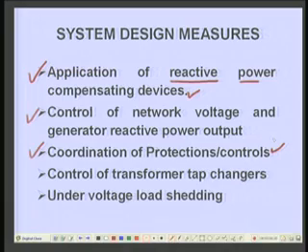Therefore, load shedding is one of the controls, and whatever protection and control devices you incorporate in the system, load control devices or voltage control devices, all should have proper coordination with the protection systems. Then also have proper control of the transformer tap changers. They are the voltage control devices, and you have to provide certain arrangements so that you can control the tap changer positions.